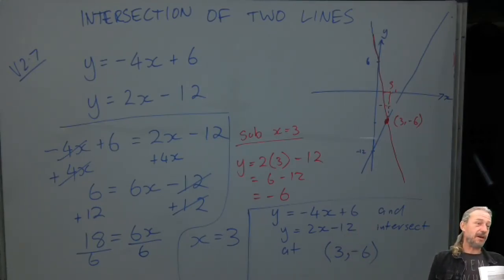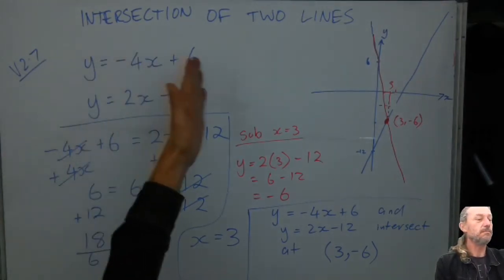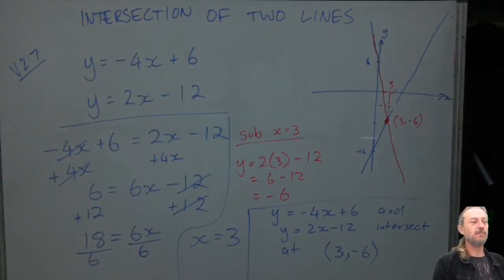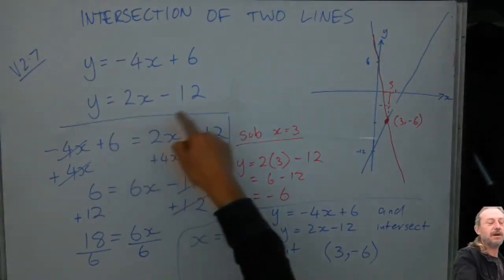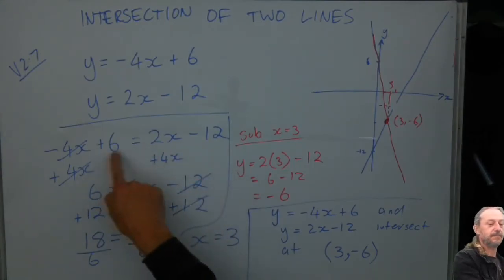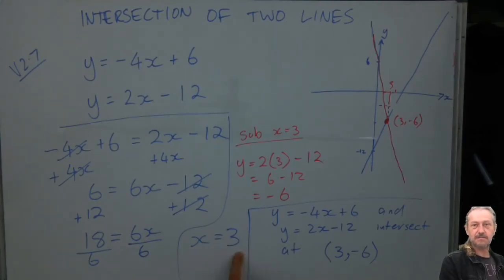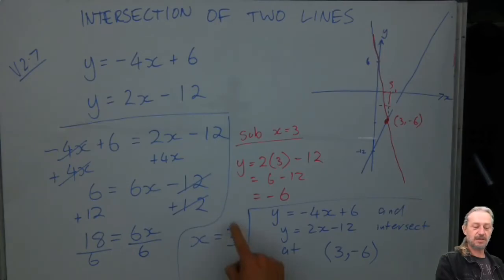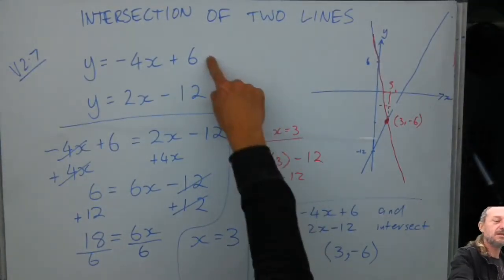So, just to recap that, as long as both equations are in this y equals mx plus c form, you make the two x sides of the equation equal to each other, collect like terms and solve for just x, and so that's the x part of the coordinate, and then you substitute that back into one of those equations.